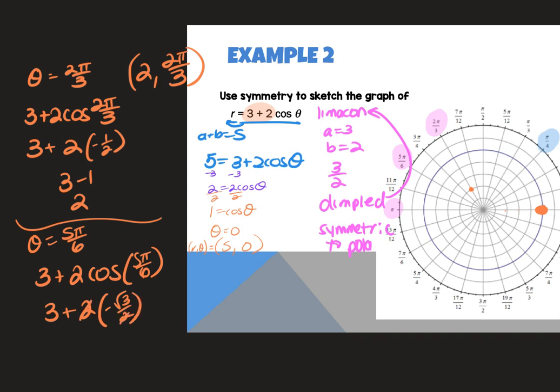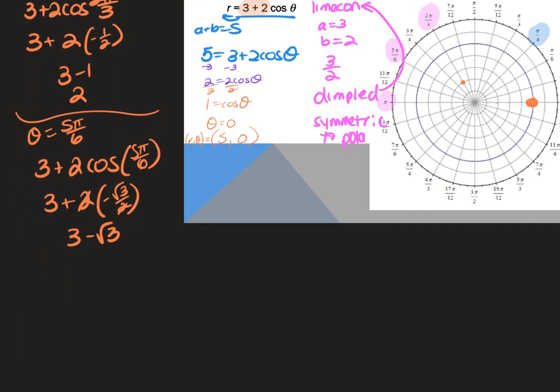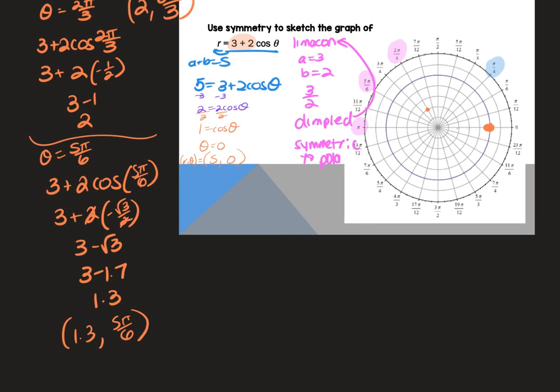So the 2's cancel, and I get 3 minus root 3. What did we say we were going to make root 3? 1.7. And I get 1.3 as the radius. So now I have (1.3, 5 pi over 6). So I go to 5 pi over 6 and I make it 1.3.